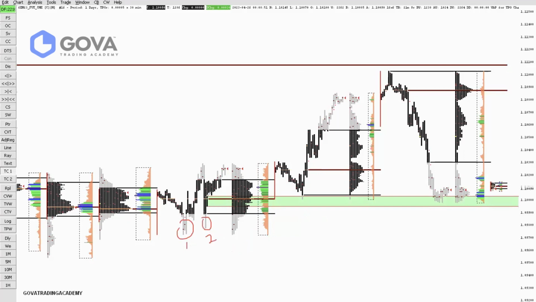This hidden area that I marked my zone here is area number 3. This consolidation that we are seeing here is area number 4. This area when price came back to my zone is area number 5. And when price rallied up all the way to this point is area number 6.